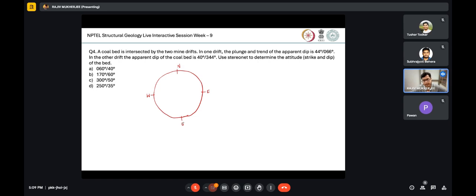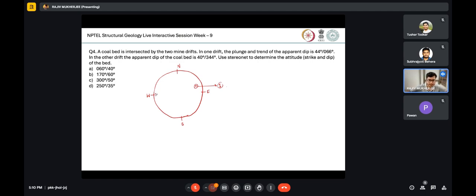So 44 degrees towards 066. That means 066 would lie somewhere around here. So 44 degrees means just like this. So we can approximate this point as 1. And the other point is 40 degrees towards 344.